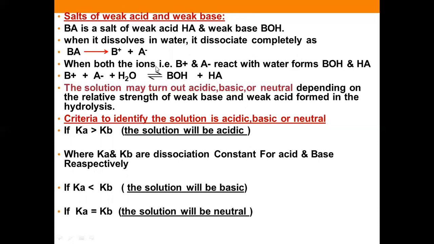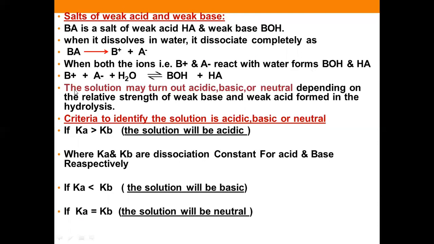Then both the ions, that is B plus and A minus, react with water and form BOH. BOH is the weak base and HA is the weak acid. See here, B plus plus A minus plus H2O gives BOH, the weak base, and HA, the weak acid.